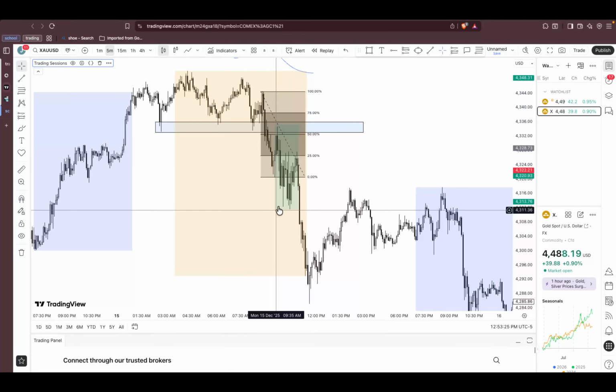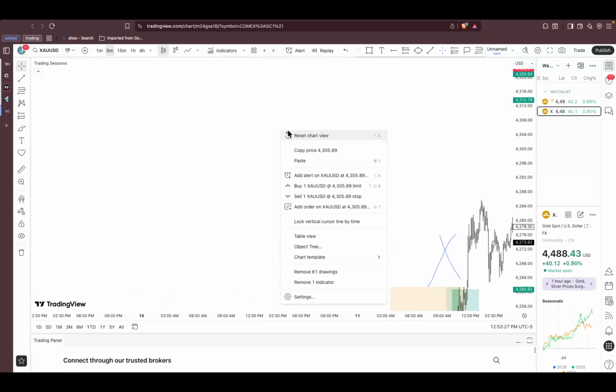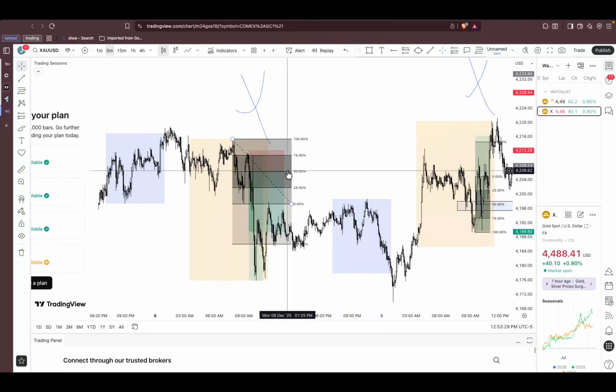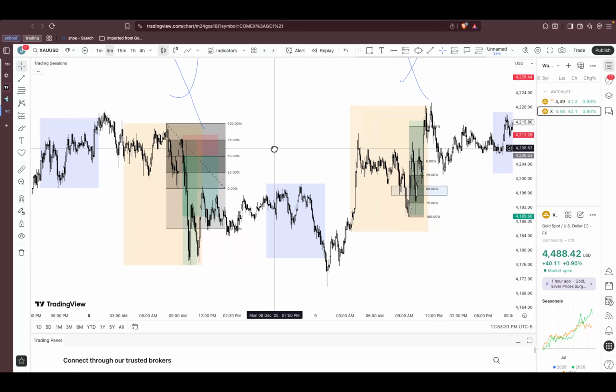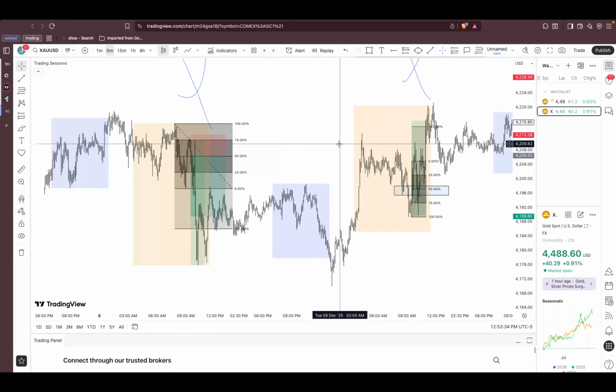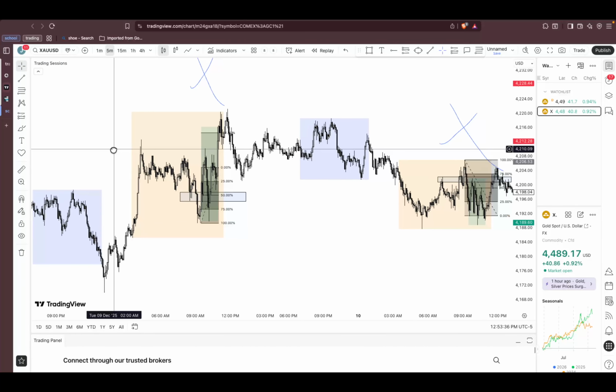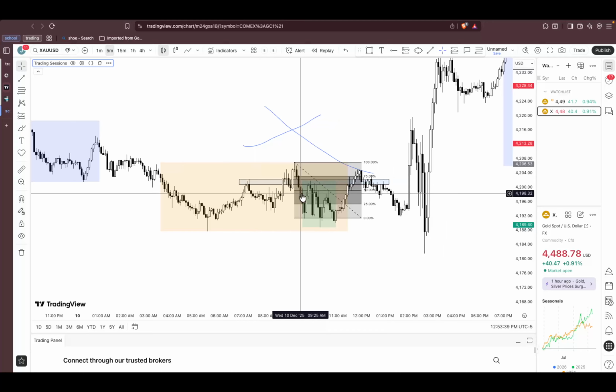Most of the time it will work. Sometimes in rare scenarios like this, it won't work. But that's just the markets. It's going to stop you out at times.